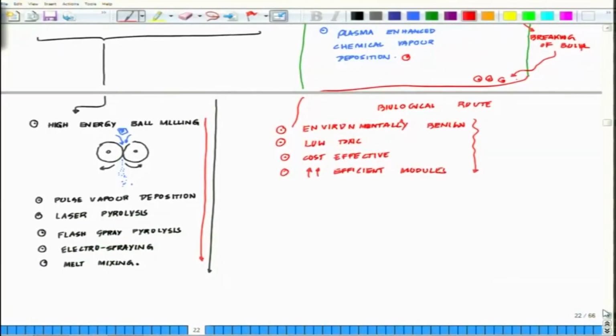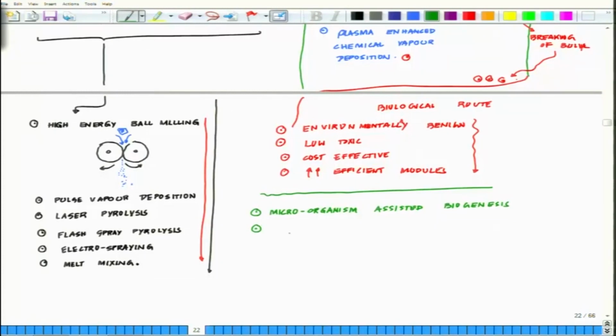And the biological routes which are currently widely explored include microorganism assisted biogenesis. Microorganism assisted biogenesis is one.